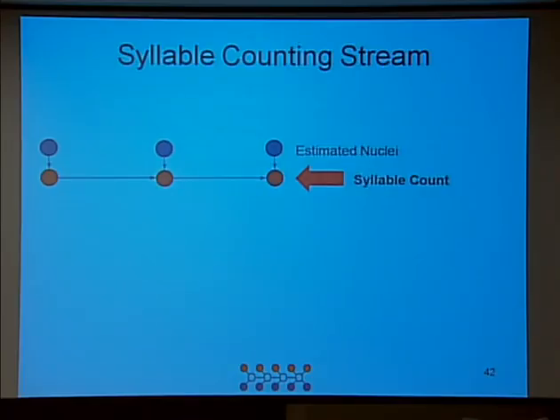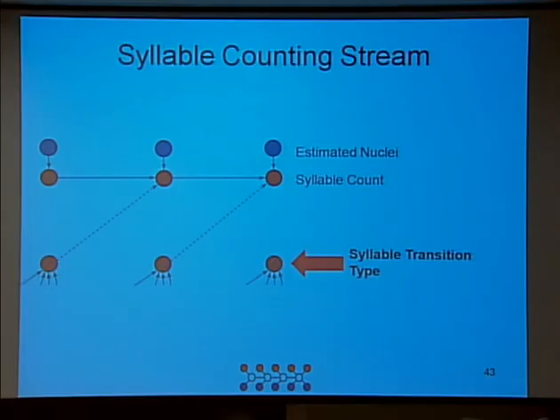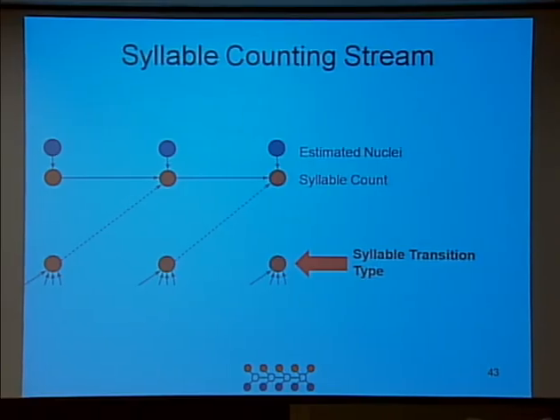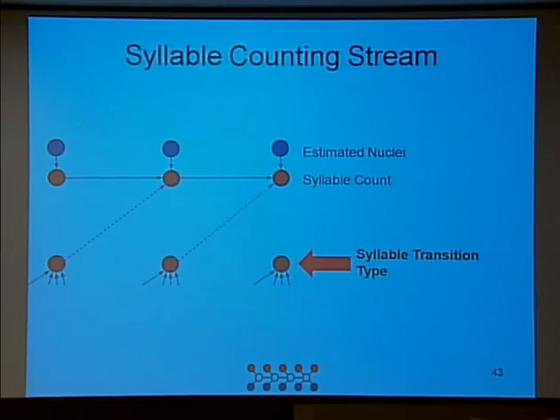This variable is the total number of detections since the beginning of the hypothesized syllable, so it's an accumulated count. This variable is the syllable transition type. This gives us two pieces of information. It tells us whether the bottom of the recognizer is transitioning out of a syllable and what the type is.